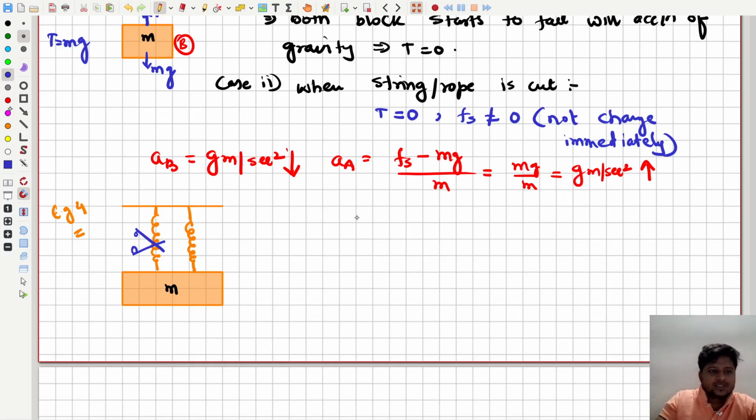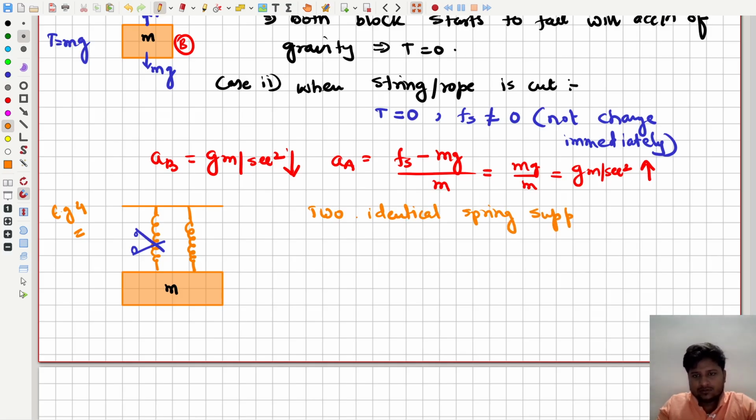Okay. So question is saying two identical springs support a mass m at rest. Okay.